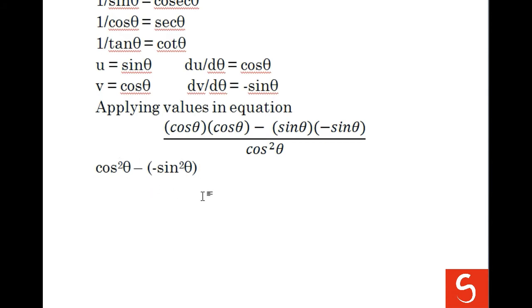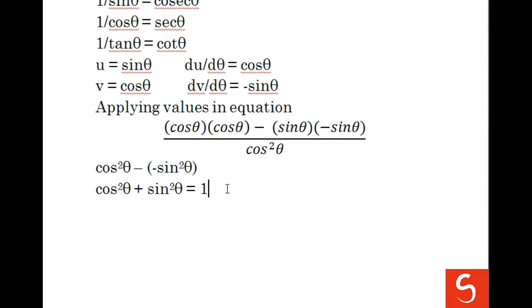Let's resolve the numerator first. Minus multiplied by minus is plus, so we are left with cos squared theta plus sine squared theta. From our trig identities, we know that cos squared theta plus sine squared theta is equal to 1.